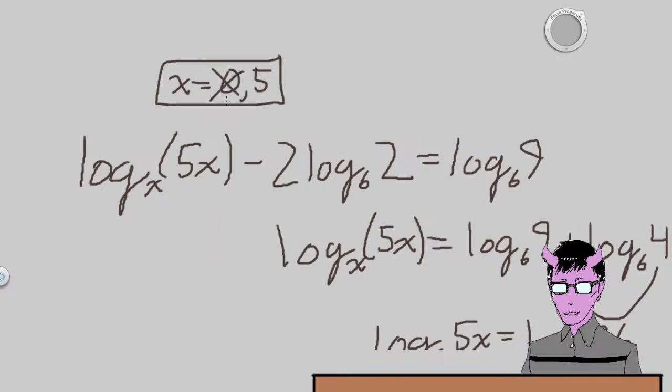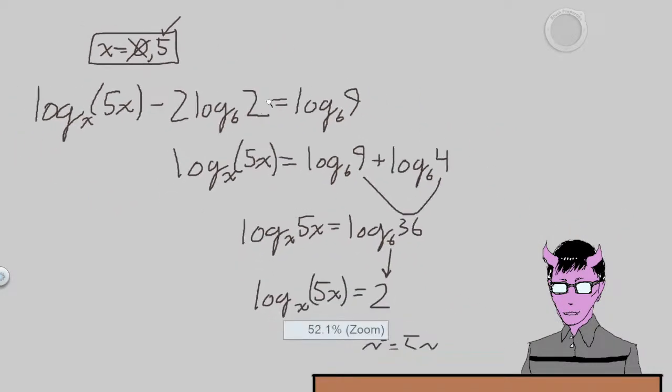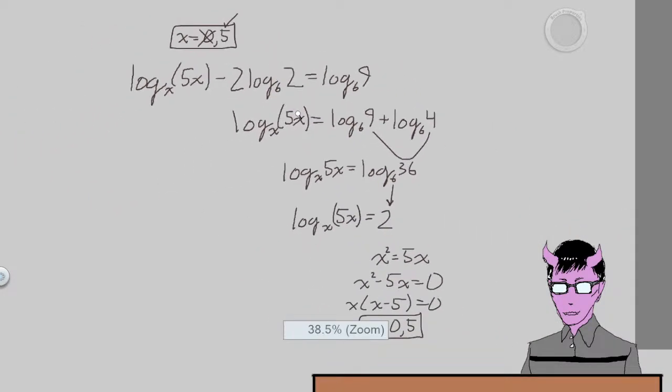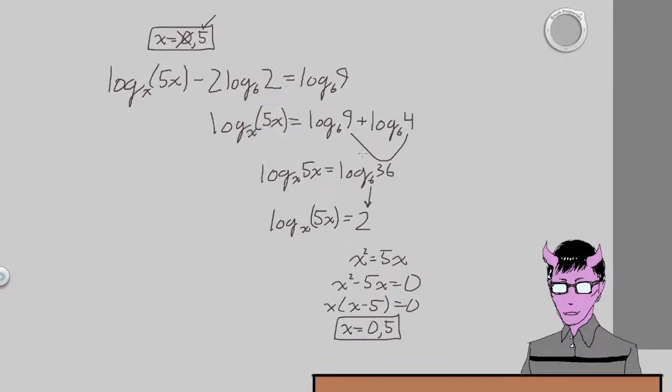So no 0. 5 is going to work out because you're going to get a positive argument if you plug in 5, and this base is also positive, so the 5 is good to go. So just one solution for the situation. There it is.